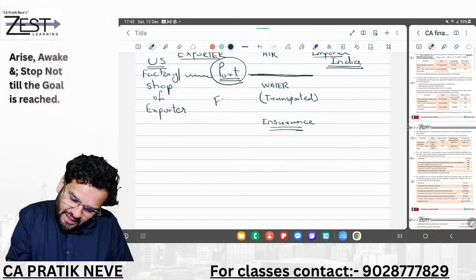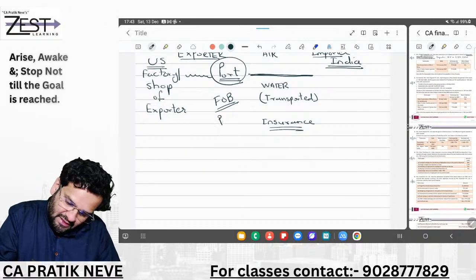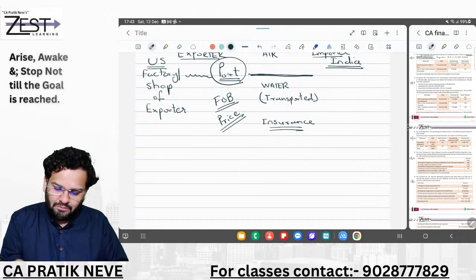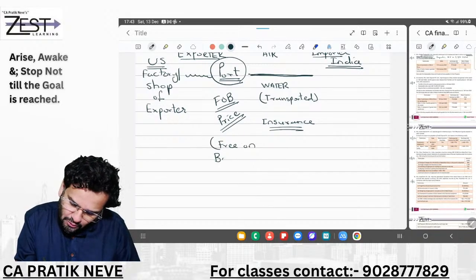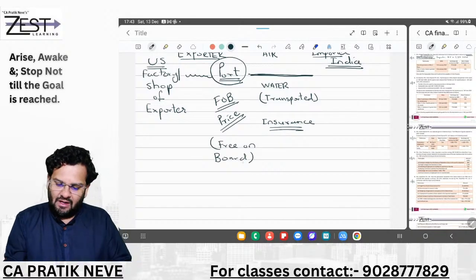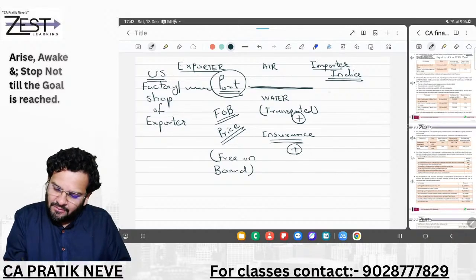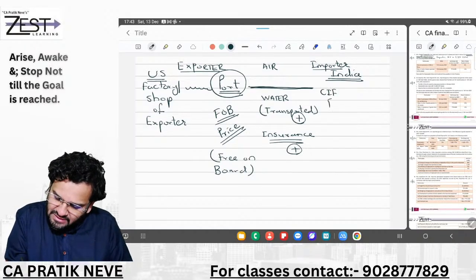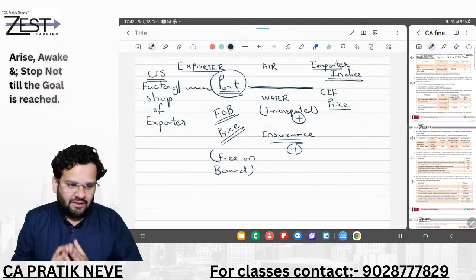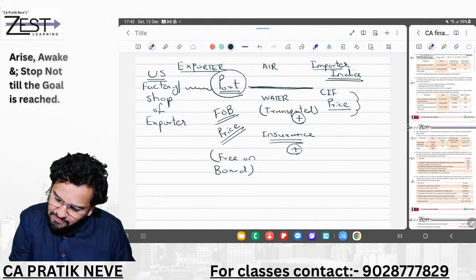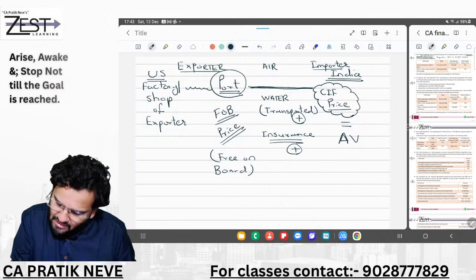Here the price of the goods is called FOB price, that is free on board price. Now when you add transport and insurance, you get CIF price, that is cost inclusive of insurance and freight. This CIF price at the importer's port is called assessable value.